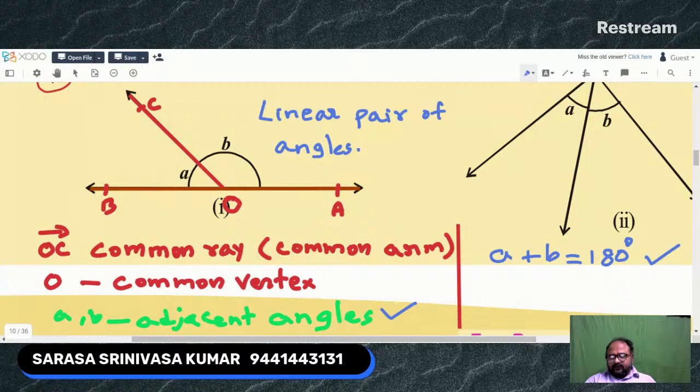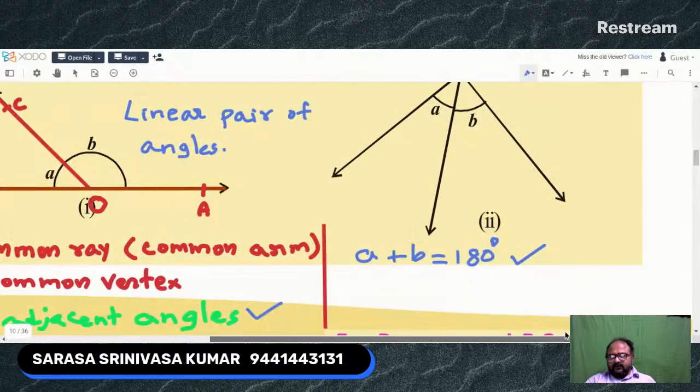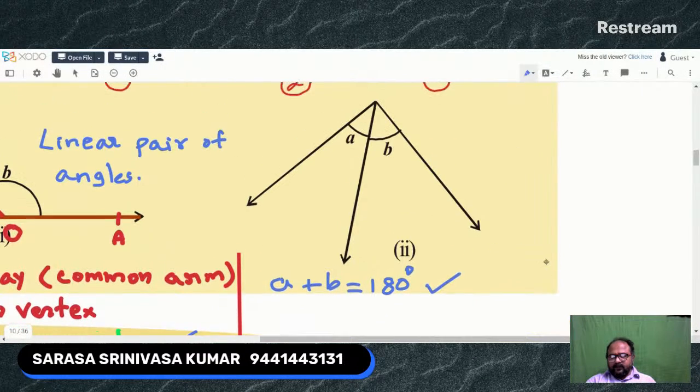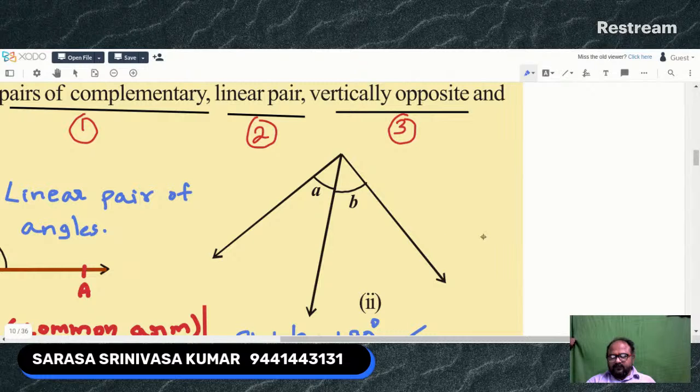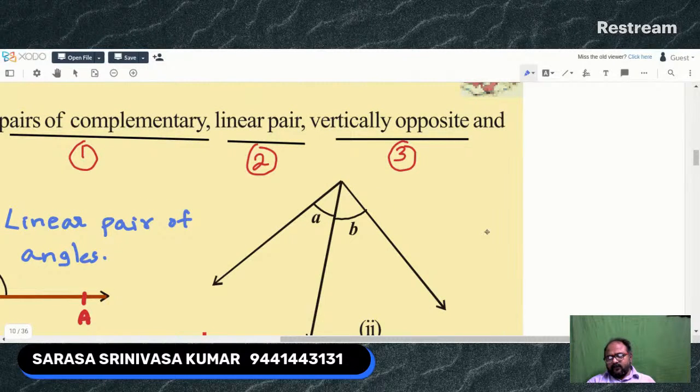Now let us observe the next diagram. This is a second diagram.